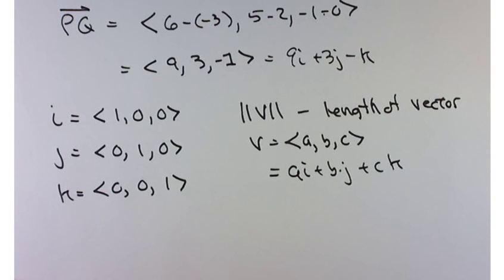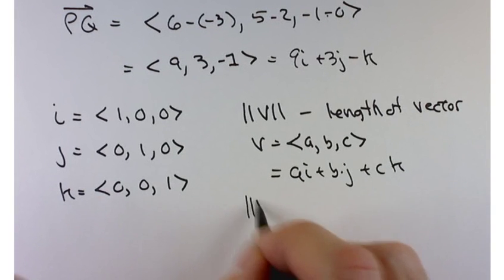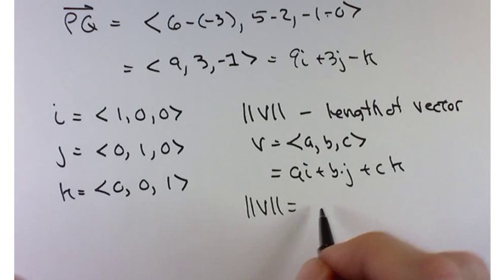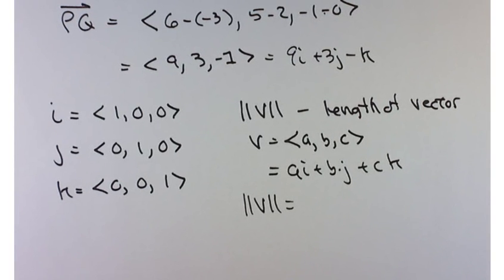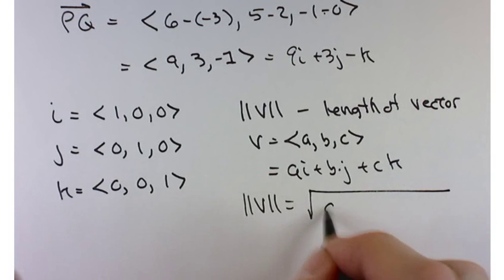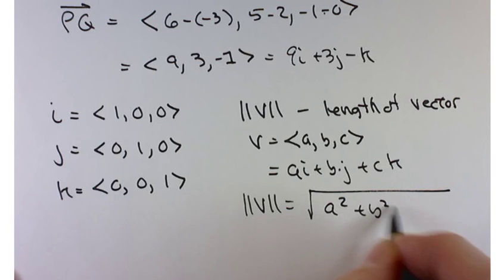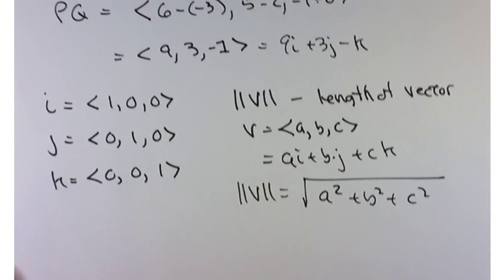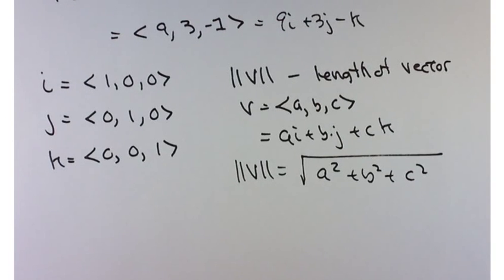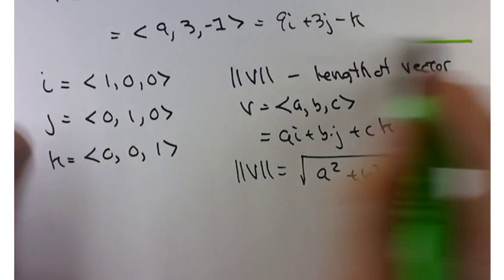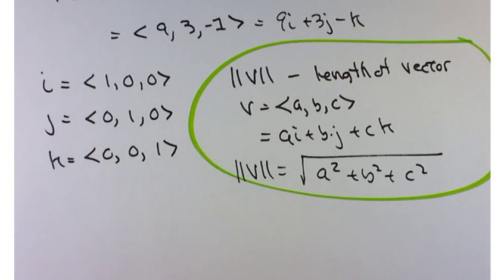Either way, the length of that vector has a formula that's similar to what we dealt with in the two-dimensional case. It's going to be the square root of the sum of the squares. So the square root of a squared plus b squared plus c squared is going to be the length of that vector. Just adding on one dimension from what we dealt with in the two-dimensional case.